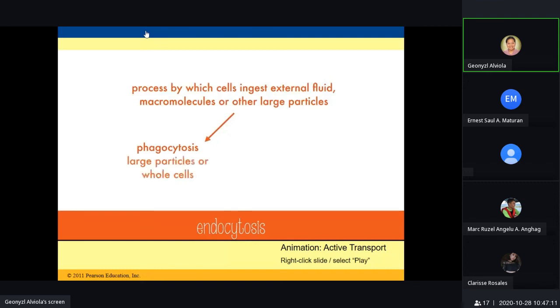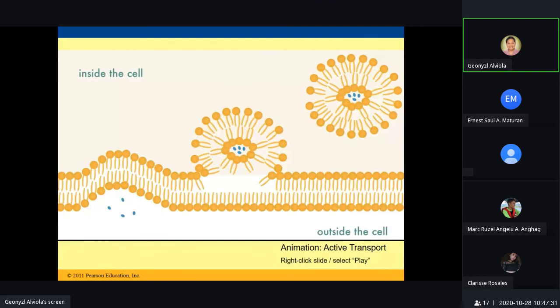Phagocytosis is where large particles or whole cells are ingested, and pinocytosis is when solutes or fluids are taken in, like cell drinking. Here you can see the way it works. There's a vesicle which can carry the substance to any part of the cell.